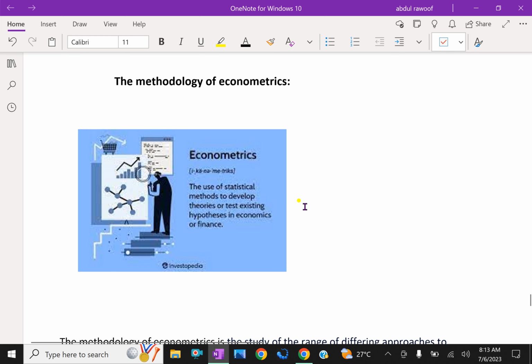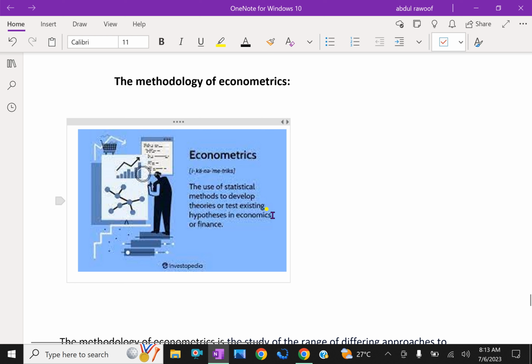Here, with reference to consumer demand theory, we will explain this. What is the first step in econometric research, and what are the a priori theoretical expectations of the sign and possible size of the parameters of the demand?